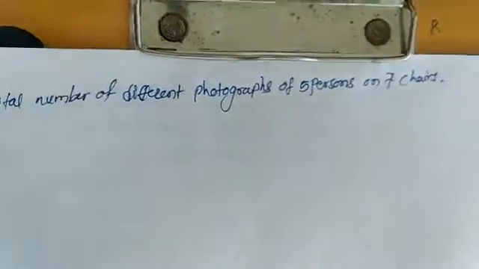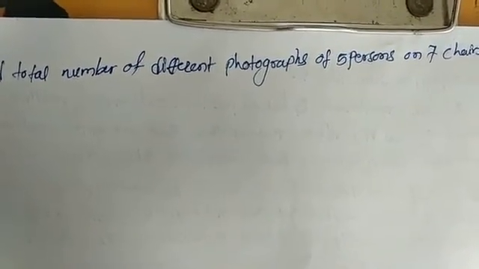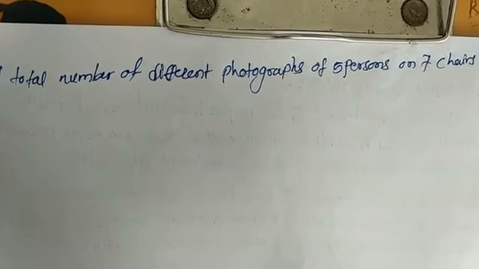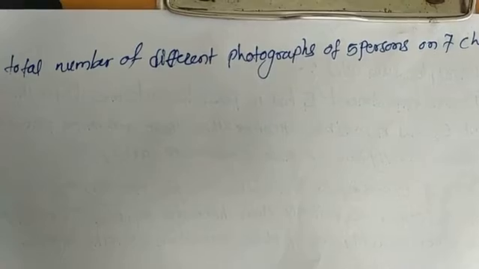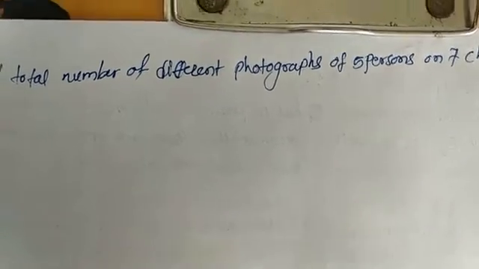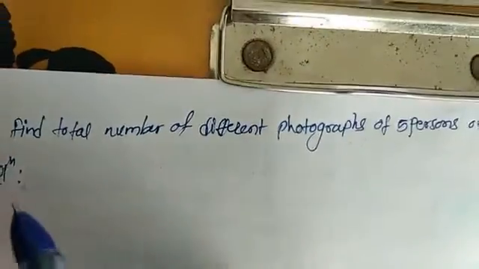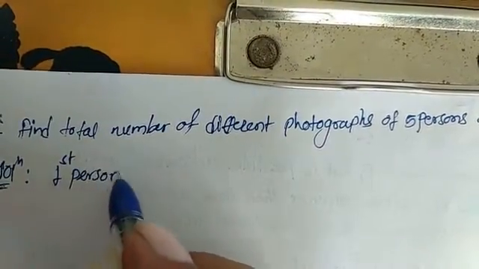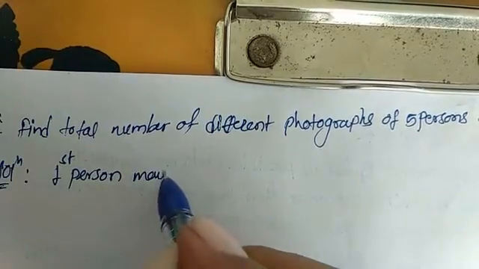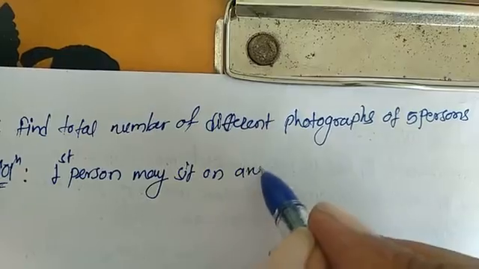Okay, so we have a question: find the total number of different photographs of 5 persons on 7 chairs. That means here in the solution you may say that one person, or the first person, may sit on any one of the chairs.